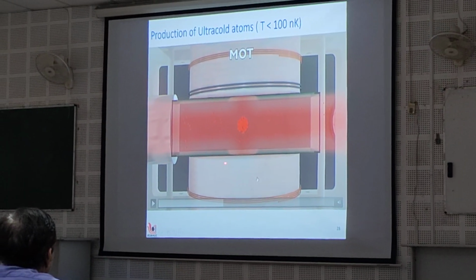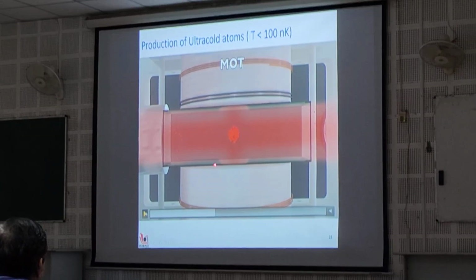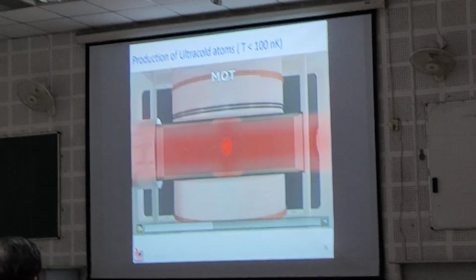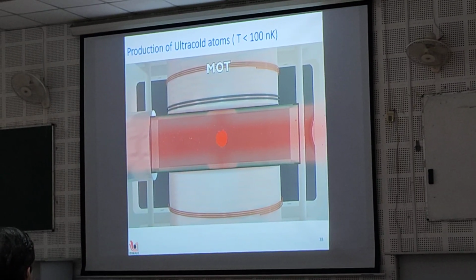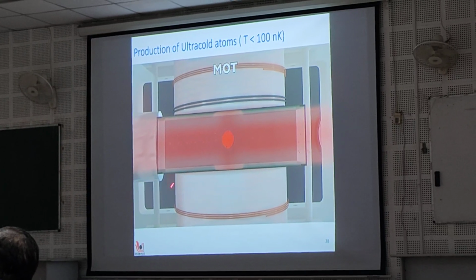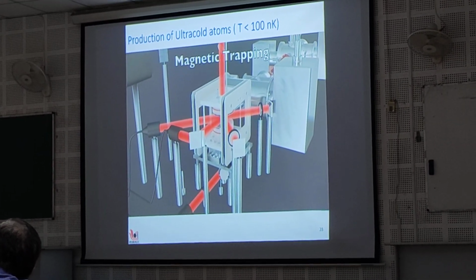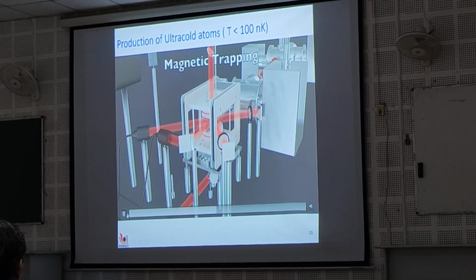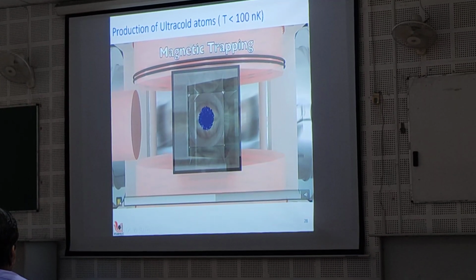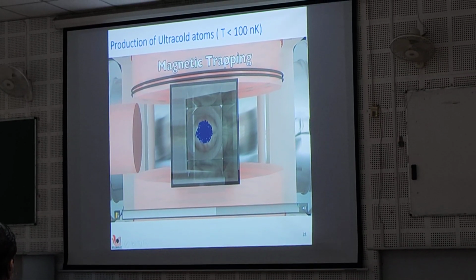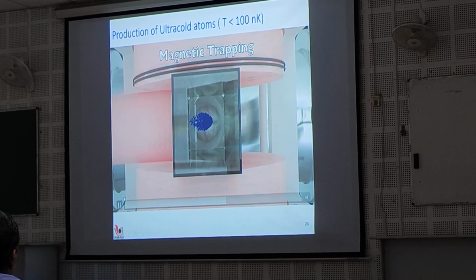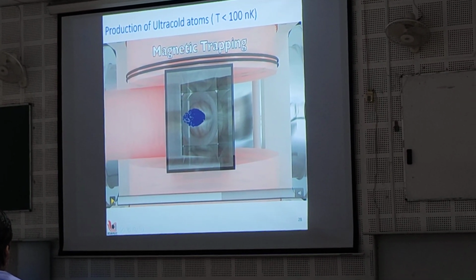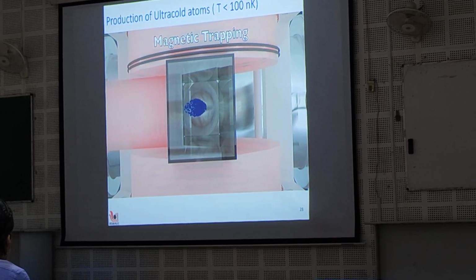And then what we do is that we turn off the light and transfer them into a magnetic bottle which is created by the magnetic fields of these 3 different coils here. The light is switched off and the atoms are magnetically trapped, and it becomes an ellipsoidal cloud in the magnetic bottle.